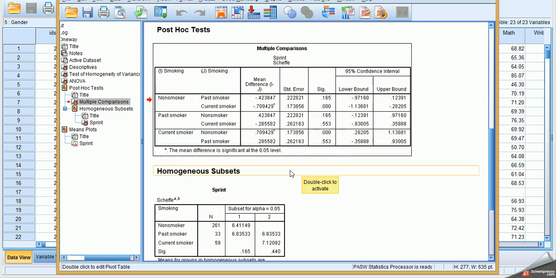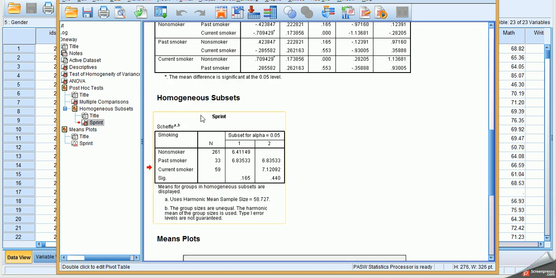Alright, for the homogeneous subsets, we have two subsets, the first subset and the second subset. The first subset is telling us the non-smokers and past smokers are in the same subset, so they are equal, or there's no difference between these two categories. And in the second subset, there's no difference between these two categories.